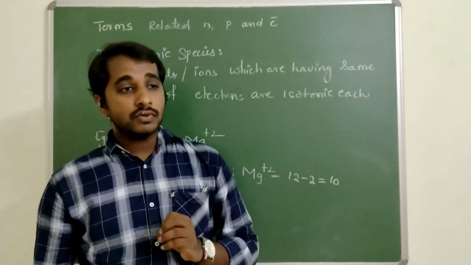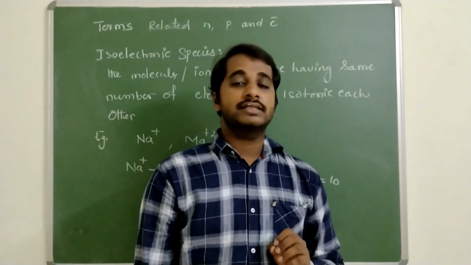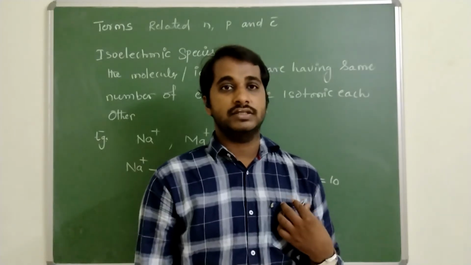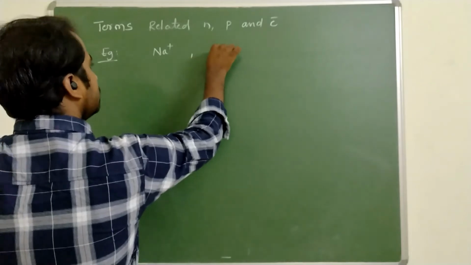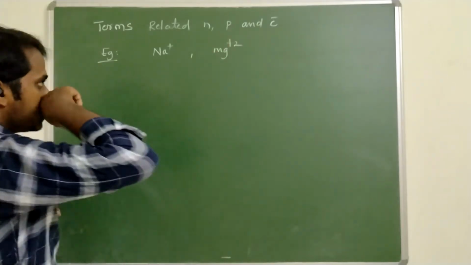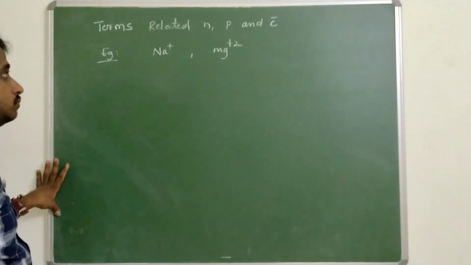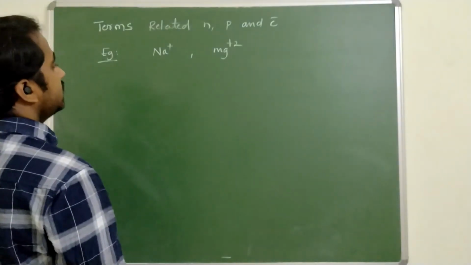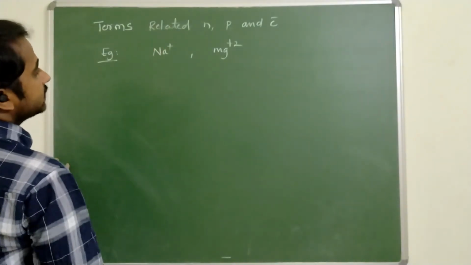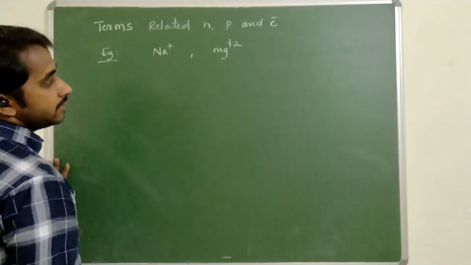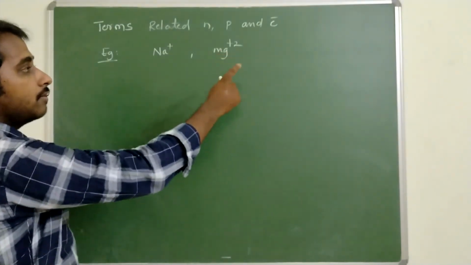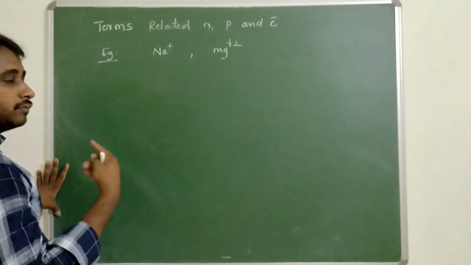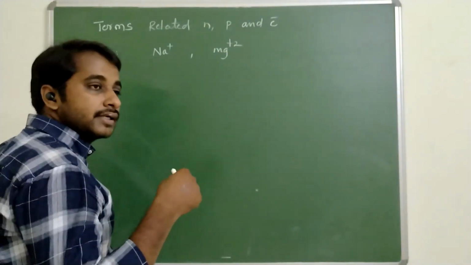Some questions have been asked in exams from isoelectronic species. Na+ and Mg2+ are isoelectronic to each other, as you know. So here, for size: if you take Na+, it is 2,8, and Mg2+ is 2,8 as well. If you remove 2 electrons in Mg and 1 electron in Na, the third shell disappears and the second shell becomes the last shell.